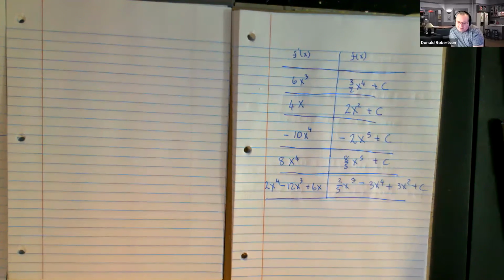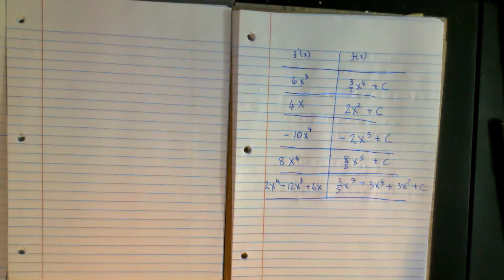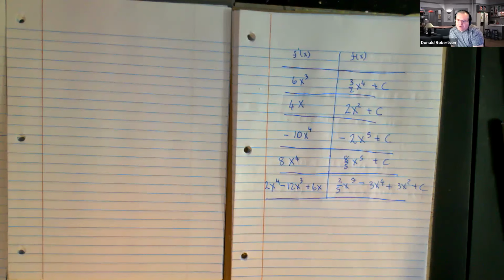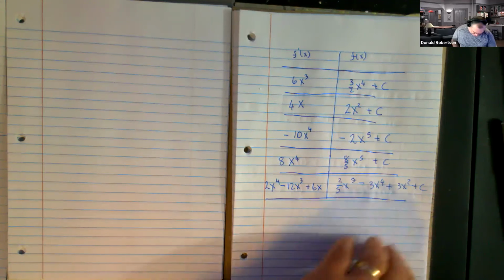Okay, Cara, tell us what you're doing. Adding 1 to the power, then dividing by the power. Yep. So this is going to be our first group of functions that we can find the antiderivative of.